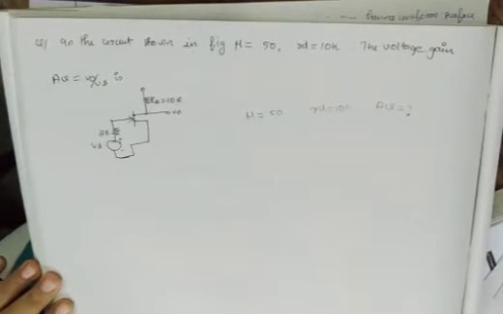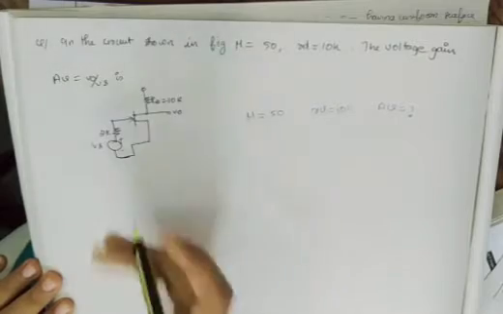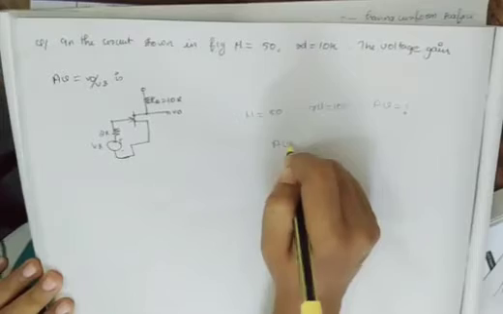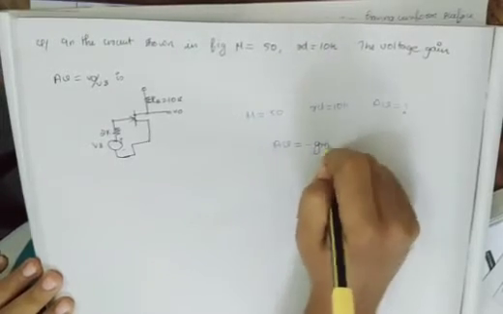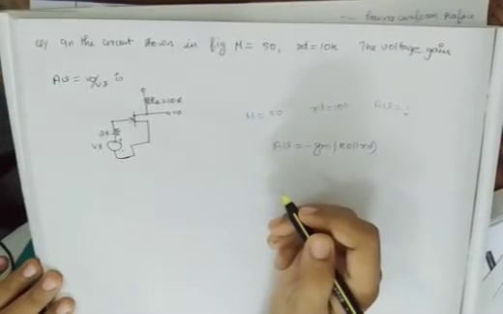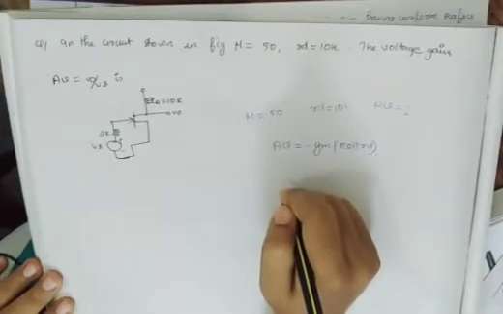For a MOSFET circuit like this, our voltage gain AV is equal to minus Gm into Rd parallel rd. So this is the equation.